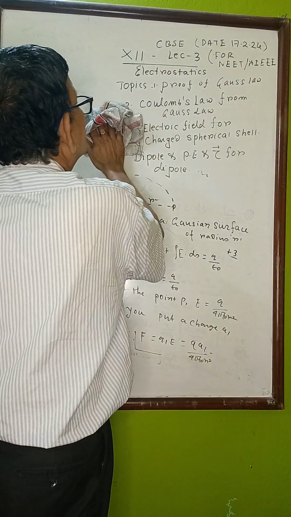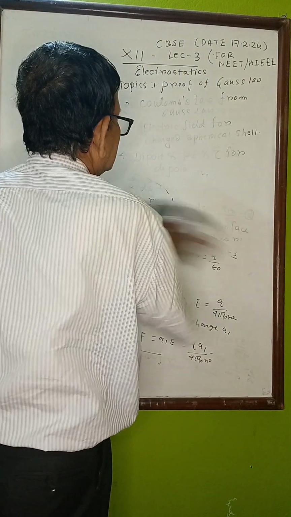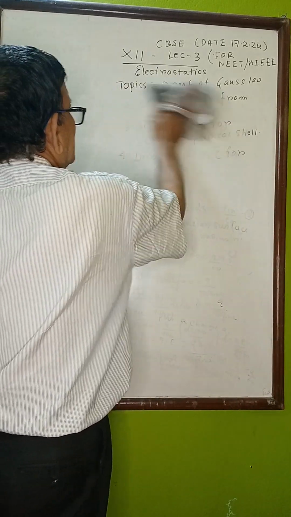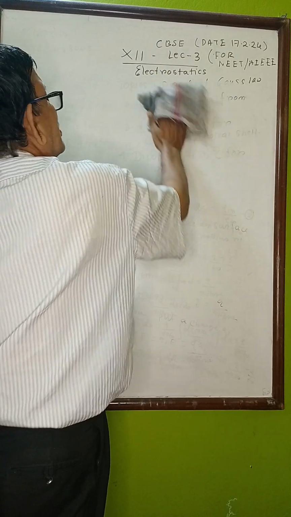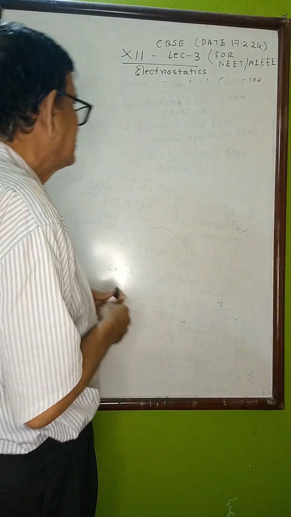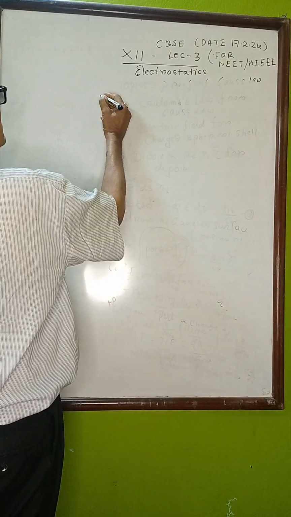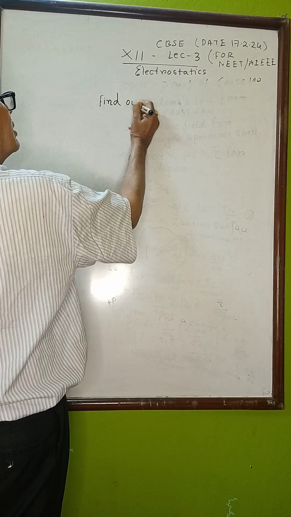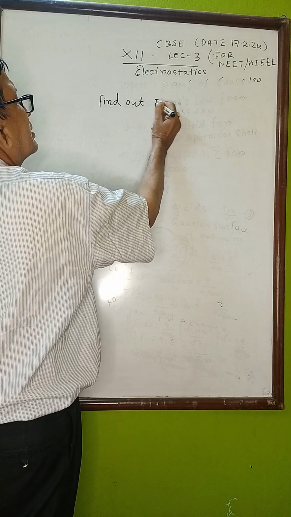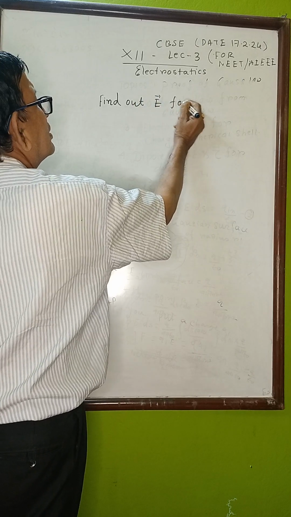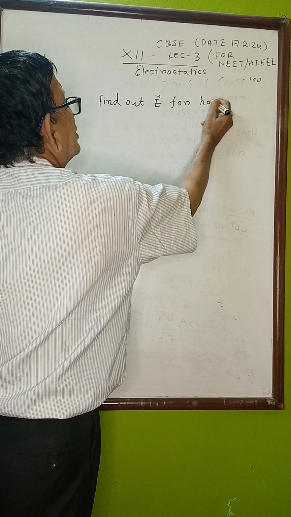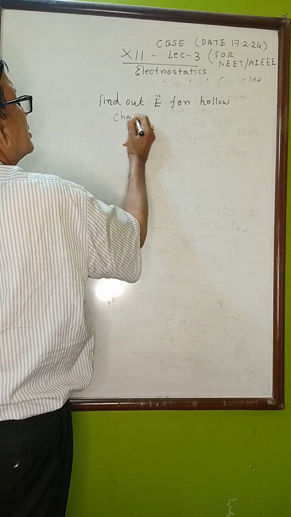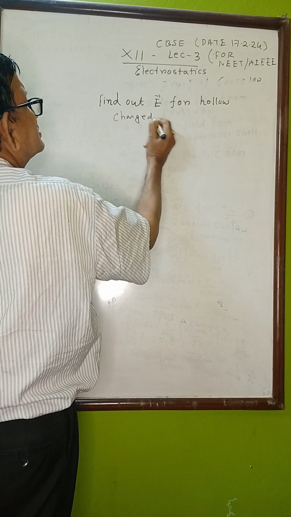I am deriving it, so it is clear what I am going to derive now. You see, find out the electric field E for a hollow charged sphere.